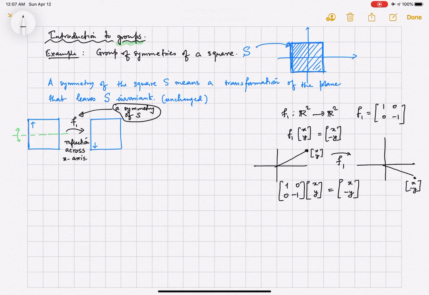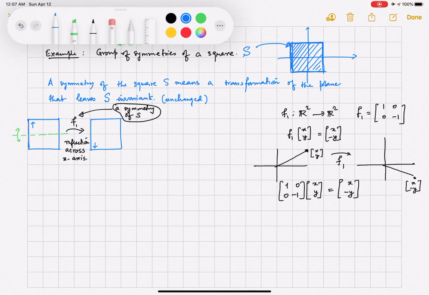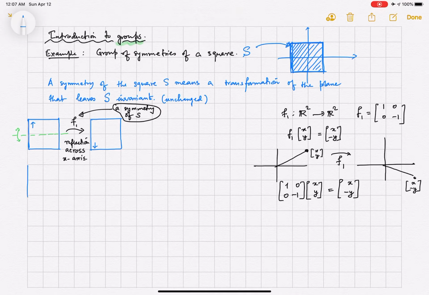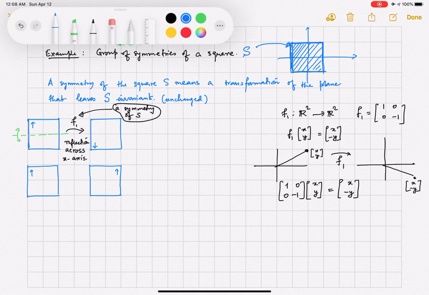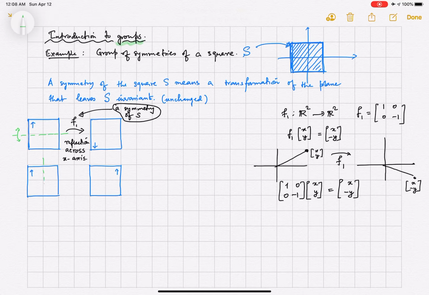Once we have figured that out, I could write down all the symmetries. You could reflect the square across the y-axis. That would change like this. Let's draw the mirror. Flip across this line.